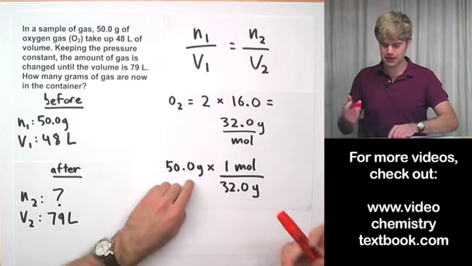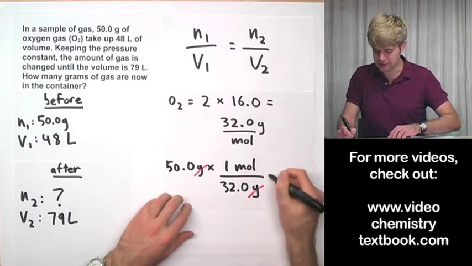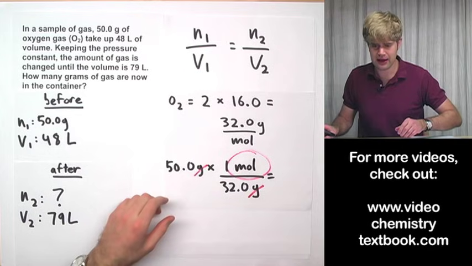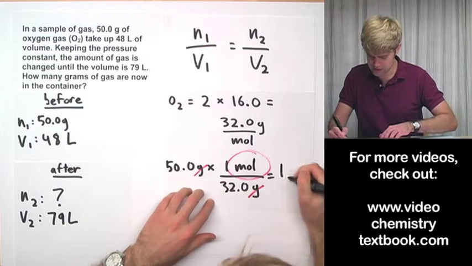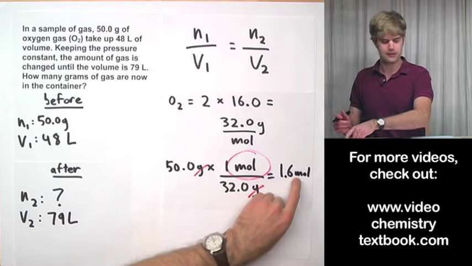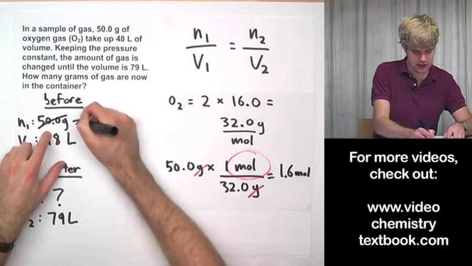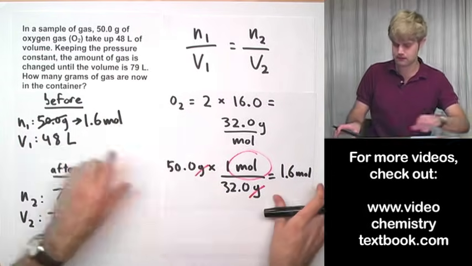Now I have grams up here and grams down here. That means they cancel out. I'm going to be left with moles, and the answer that I get there is 1.6 moles. So I can cross out my 50 grams and replace it with 1.6 moles.